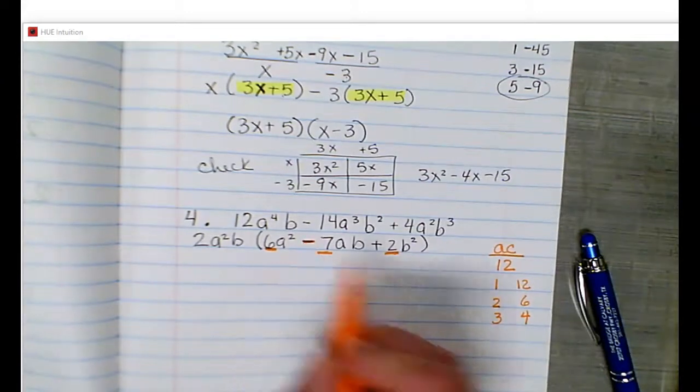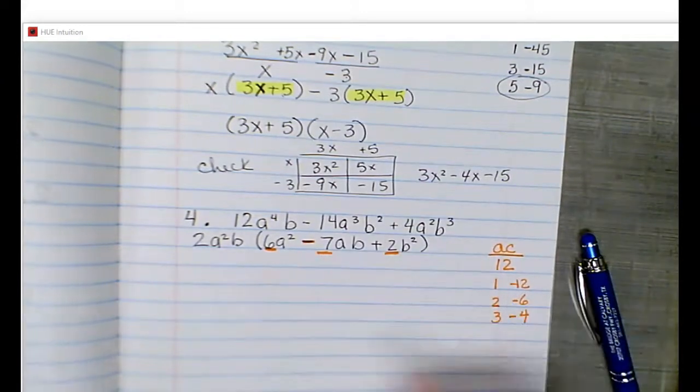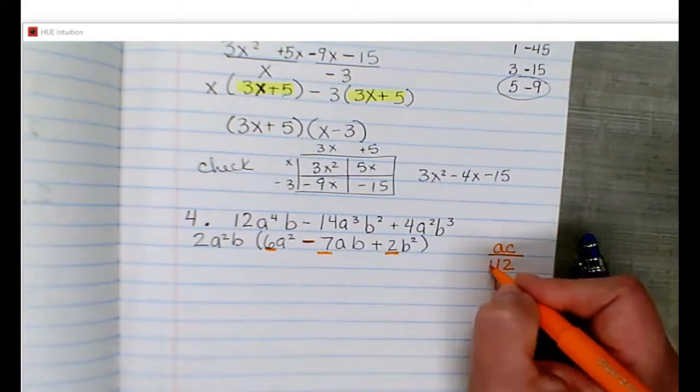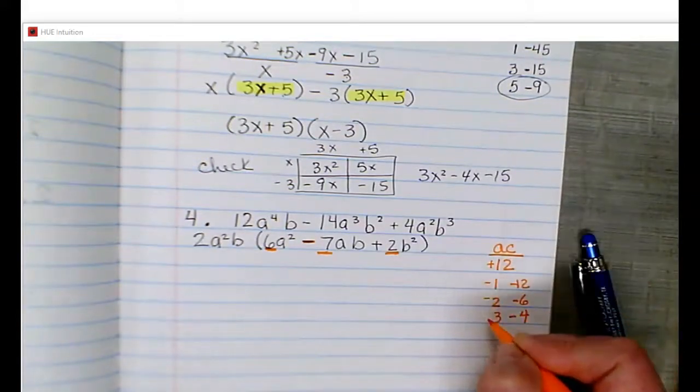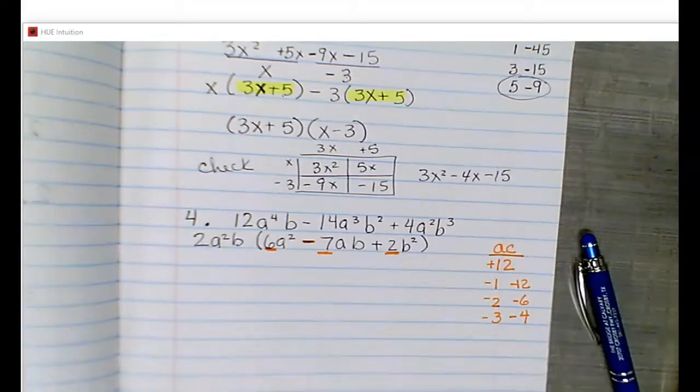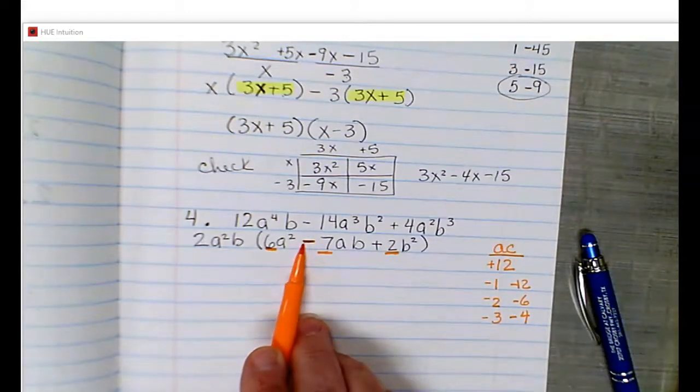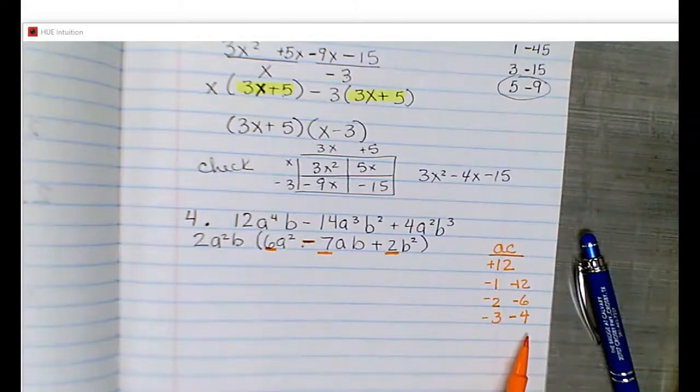If this is negative, the bigger one is going to be negative. If this is positive, they have to be the same.